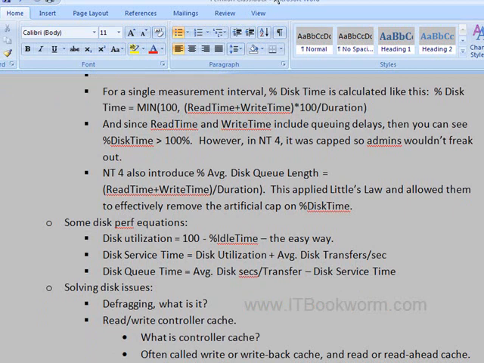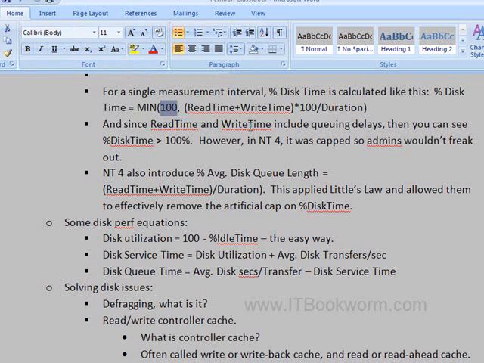For a single measurement interval, the percent disk time is the minimum of 100 and the read plus write times 100 divided by the duration of time. Now you'll notice this little 100 right here that I didn't mention. That means that they're capping it at 100.